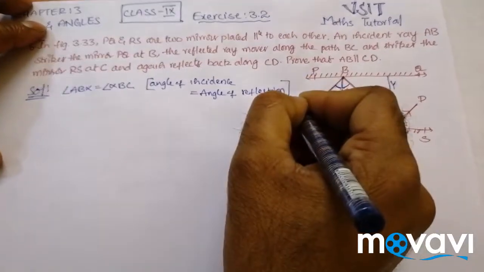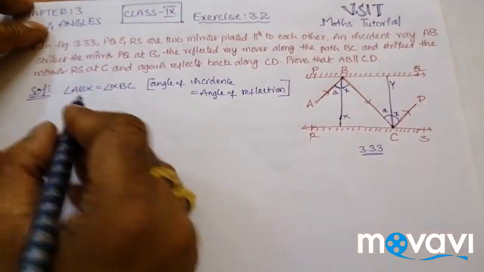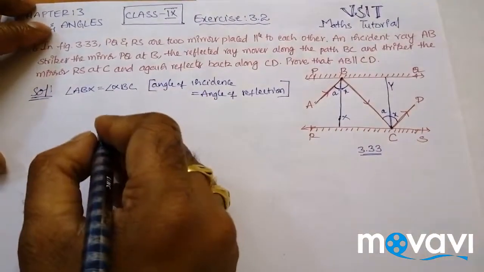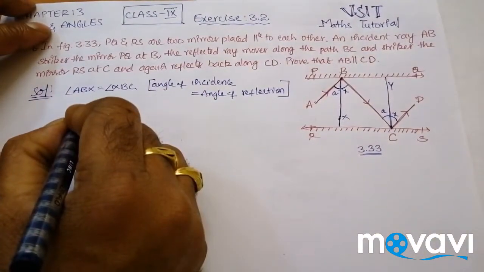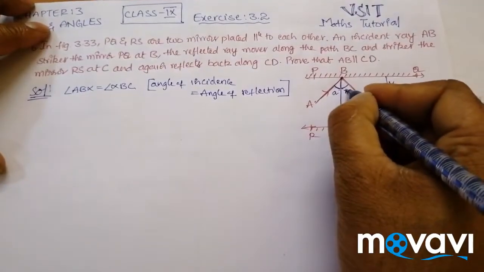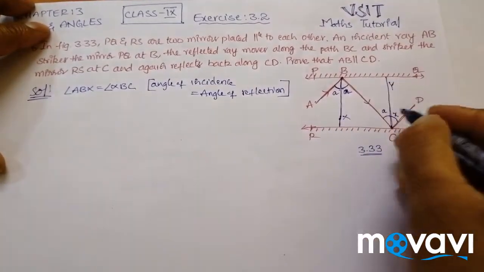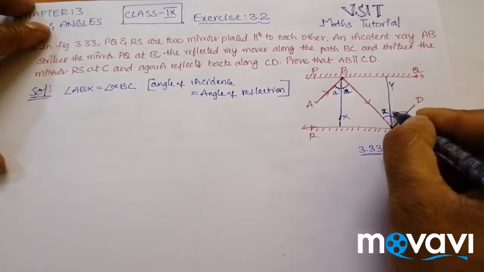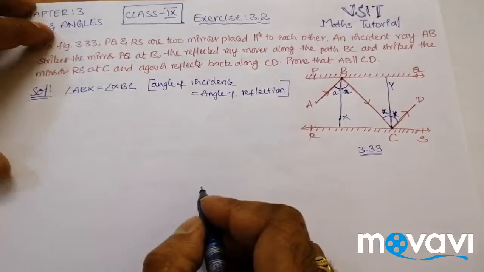Now, ABX is nothing but A, and XBC is A because they are equal. We don't know what exactly the angle is; the other angle is X.